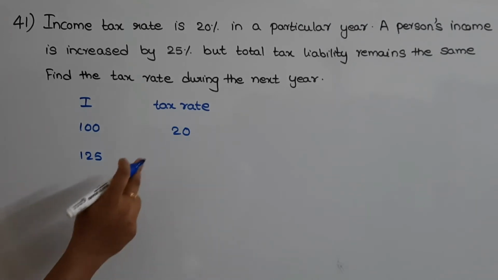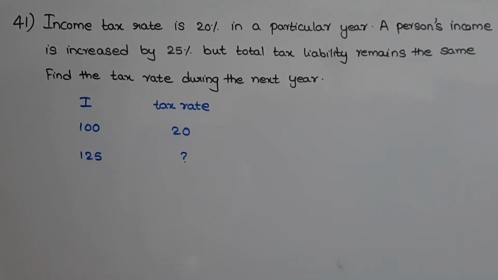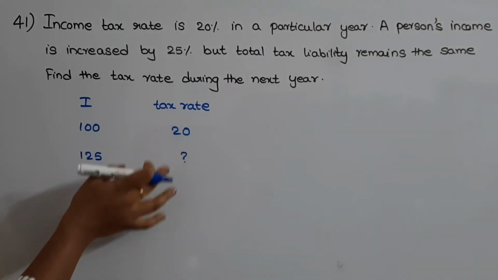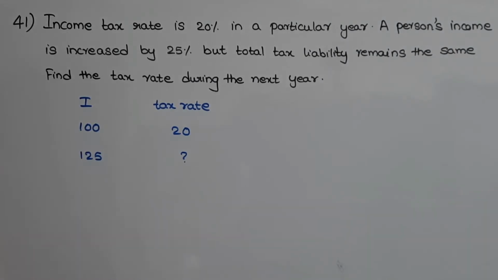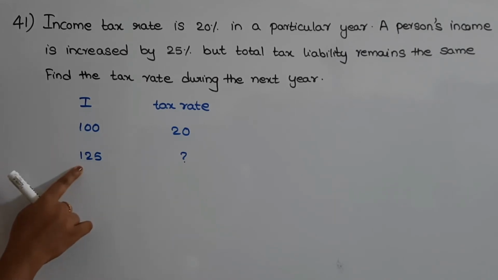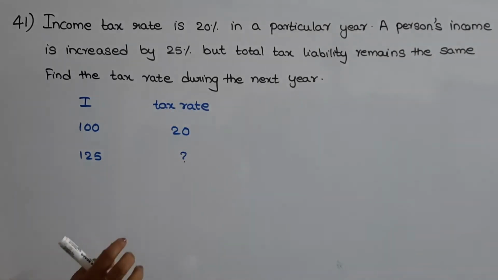So we need to find out the tax rate when the salary is increased. But the tax liability should remain the same in the initial case as well as in the second case. Even though the income is increasing, the tax which he is paying should remain the same.